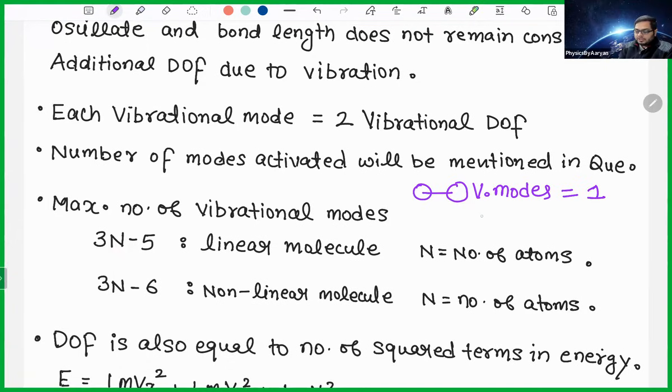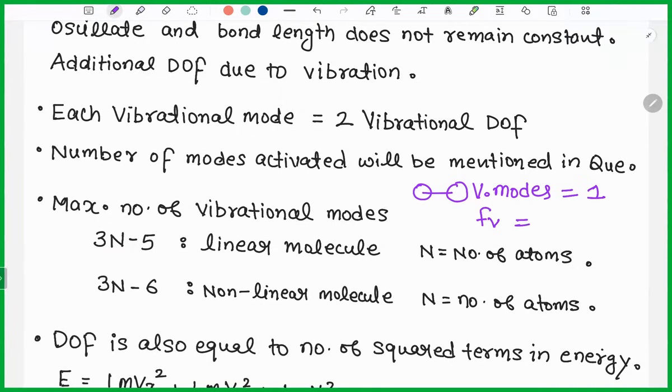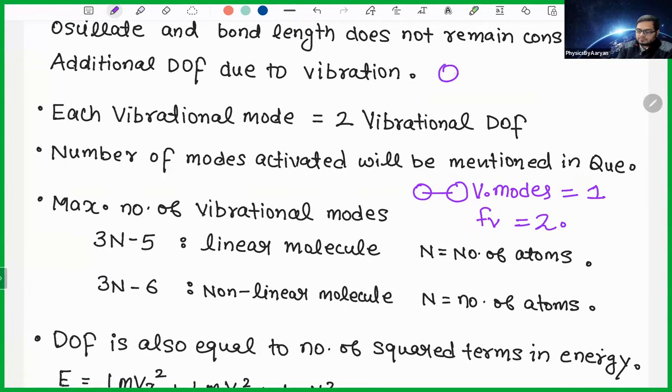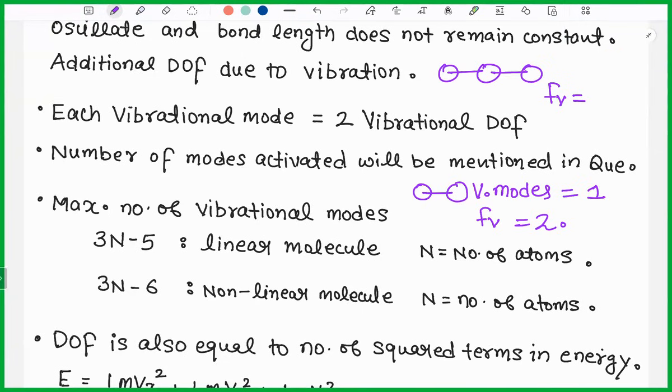Now, how many vibrational degrees of freedom will be there? Modes are 1, so how many degrees of freedom will be there? 2. Okay, let's calculate this. How many degrees of freedom of vibration will be there, maximum, in this linear triatomic? 4.